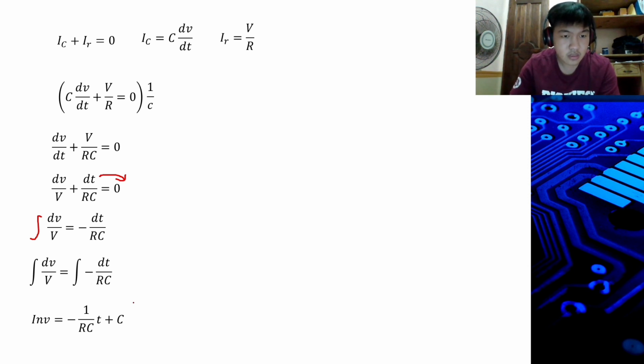Since we have an initial condition for the constant, when time is equal to 0, the capacitor voltage V of 0 is equal to V naught.